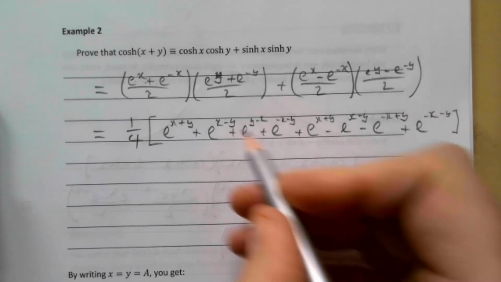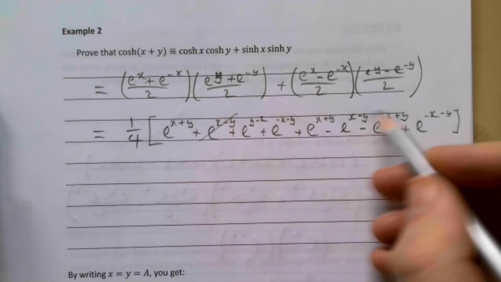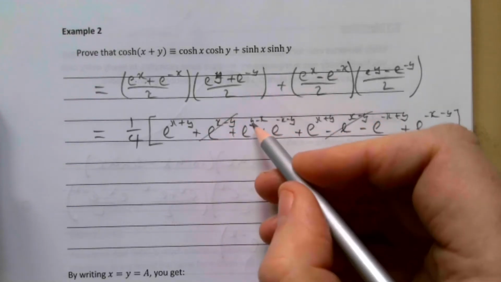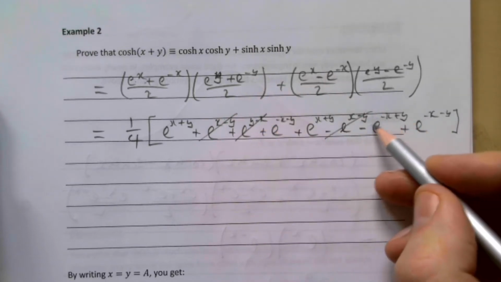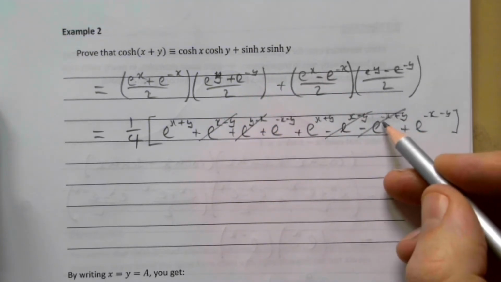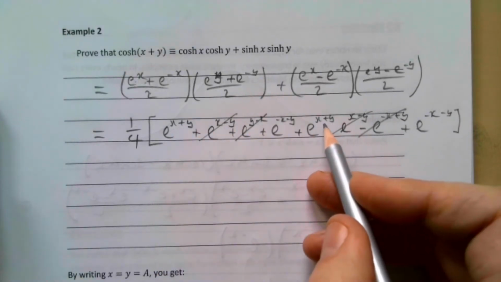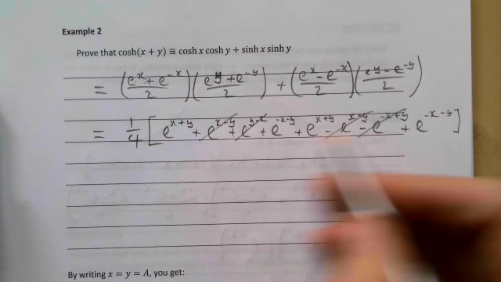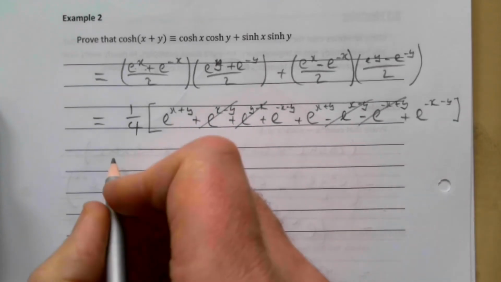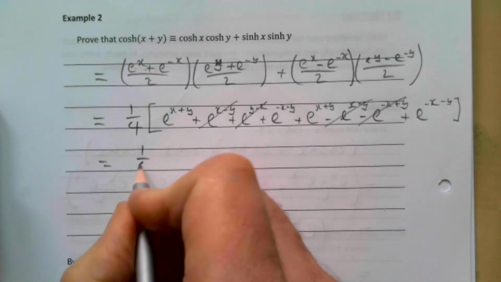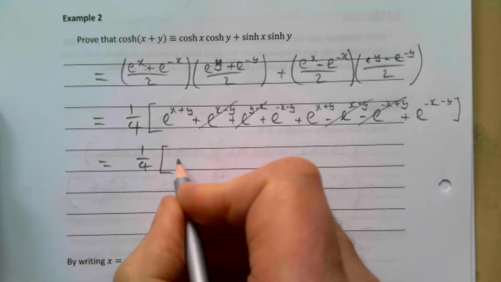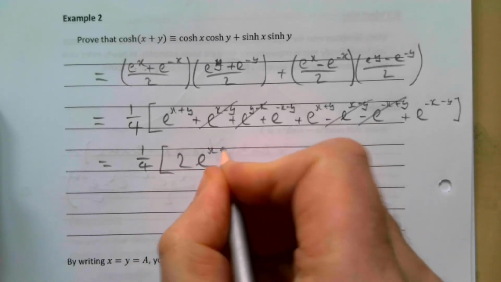So some things are going to cancel: e to the x minus y minus e to the x minus y, e to the y minus x minus e to the y minus x. And so what are we left with? Well, e to the x plus y, e to the x plus y. So two of those and then two of these. So that gives us a quarter, 2 e to the x plus y.